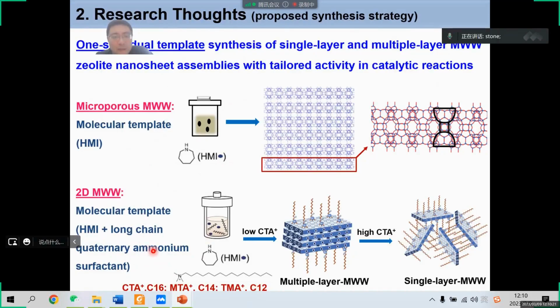Here, the chain length of the surfactant has been tuned to 16, 14, and 12. By tuning the amount of surfactant in the synthesis gel, multiple layer MWW zeolite and single layer MWW zeolite have been produced.